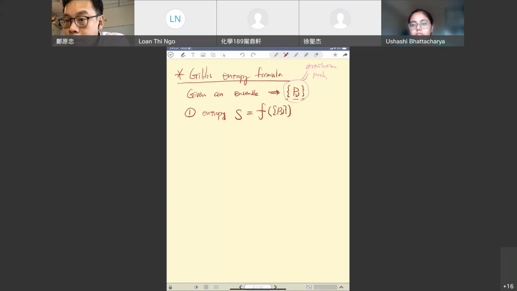Previously, when we derived this Boltzmann formula, our statement was that for a microcanonical ensemble, the number of states is the only microscopic variable that should be related to macroscopic quantities. So we used omega as the input for a function to determine entropy.